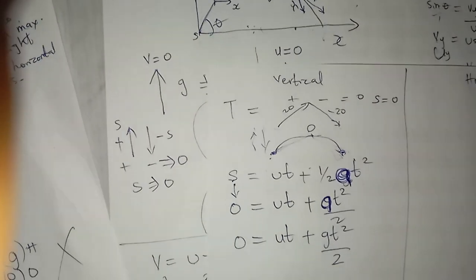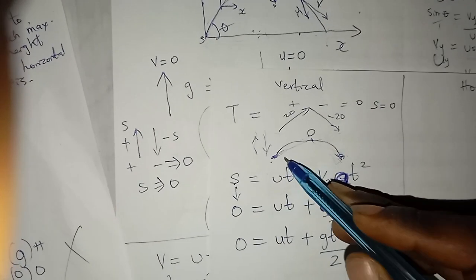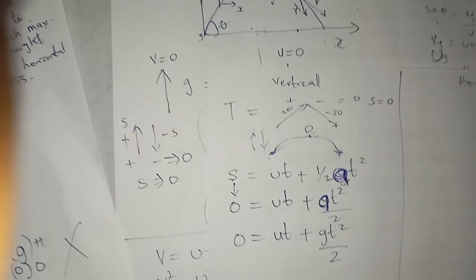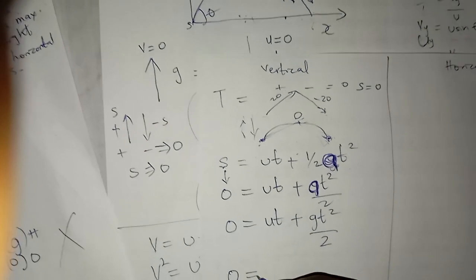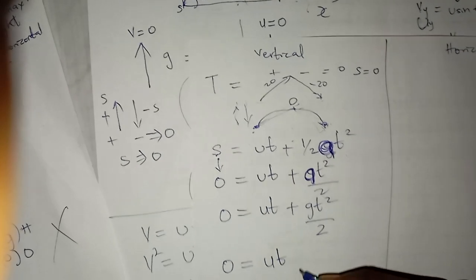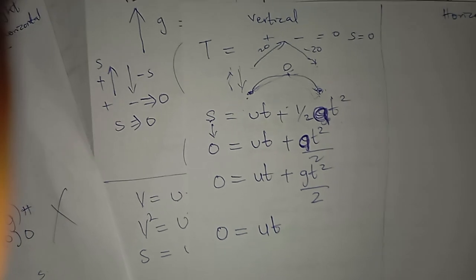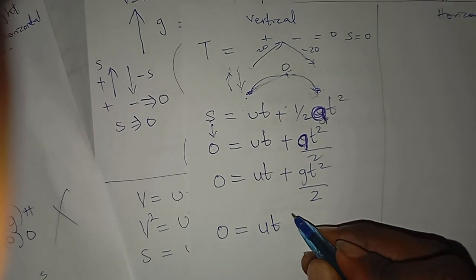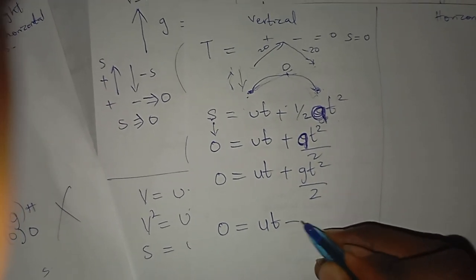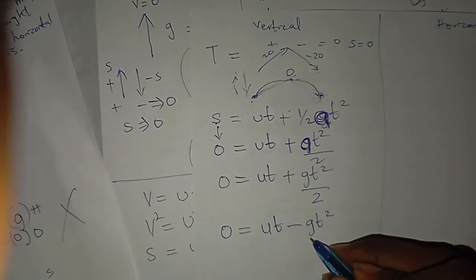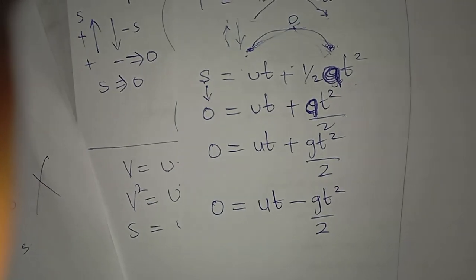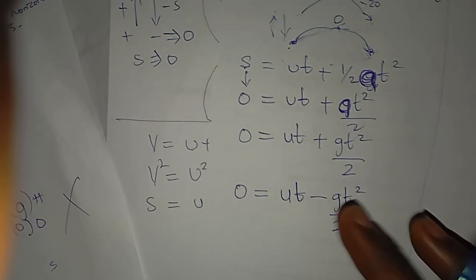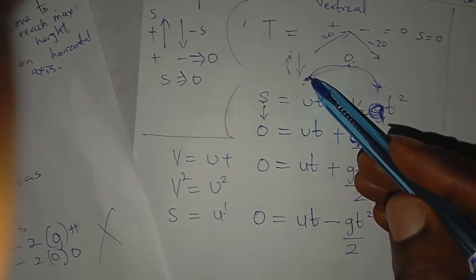But what we normally consider is, for the fact that it went up at all, we take it that this will now be 0 equals ut, at this point. So we take it that for the fact that it went up, this will be minus gt squared over 2. That going up alone puts the g, see, going up comes first.